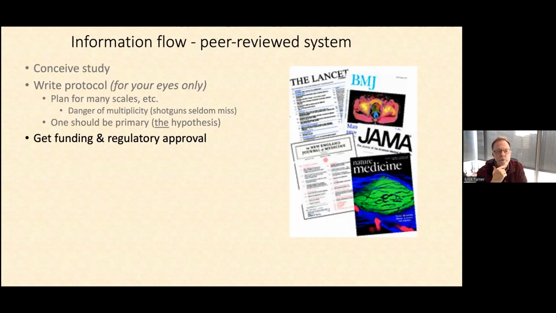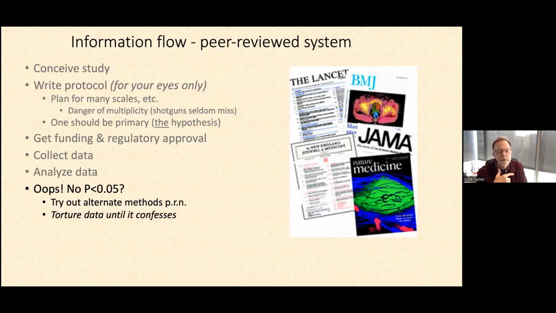Anyway, you go on and you get your funding, hopefully, and you get the regulatory approval, hopefully, then the data is collected, then it's analyzed, but then, oops, you don't have that p less than 0.05. Well, then what happens is you get to try out alternate methods as needed. And as the saying goes, if you torture the data long enough, it will confess to anything.